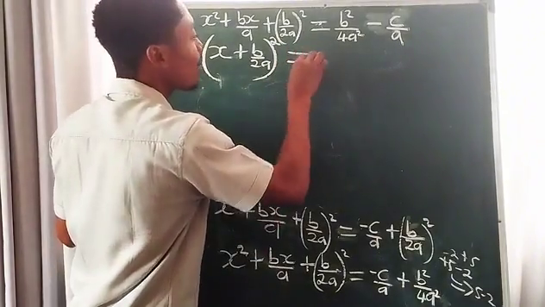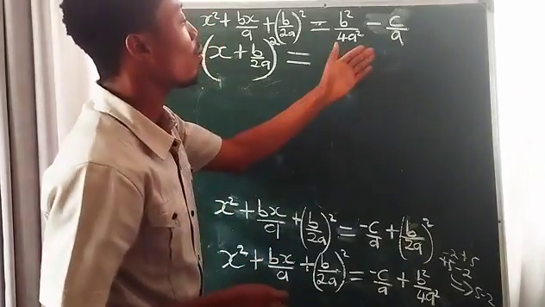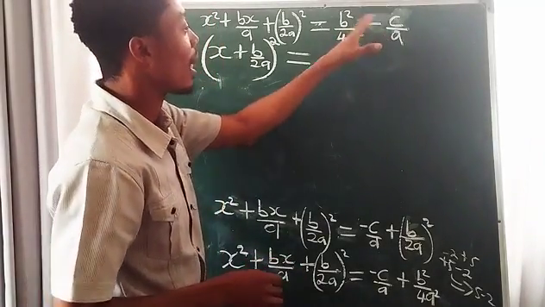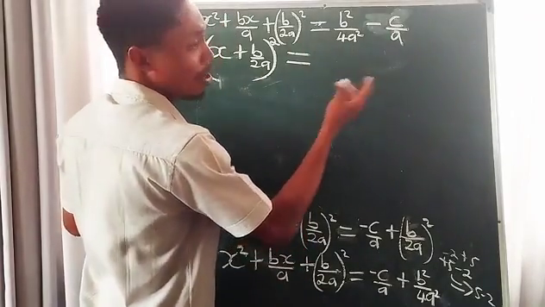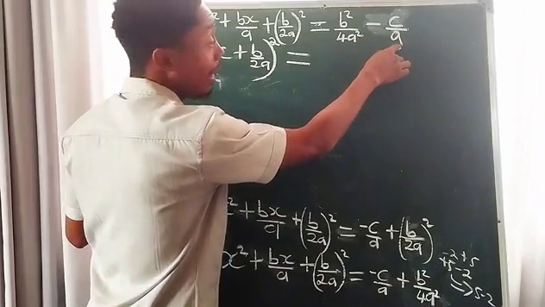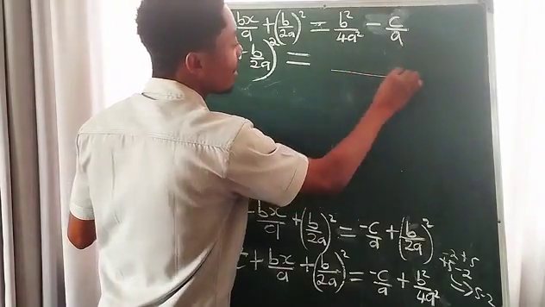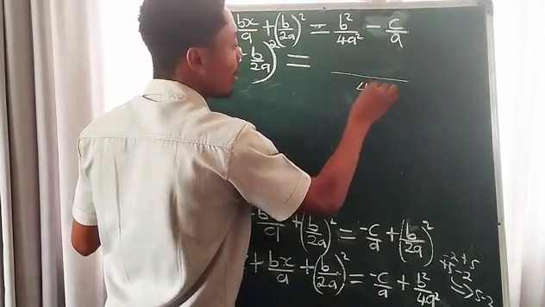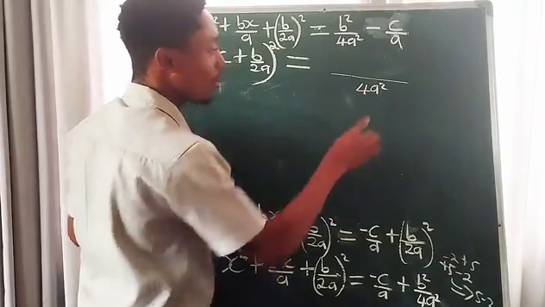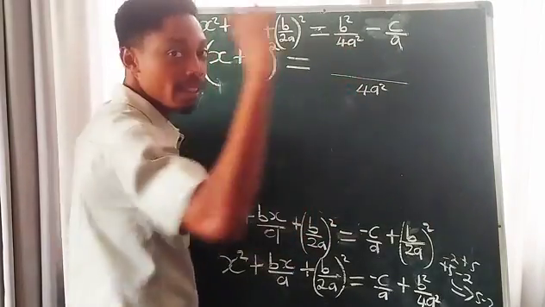And in the right hand side, what we're going to do is add and simplify this. So how are we going to do that? Algebraically, the denominators are 4a squared and a. So what is the LCM of 4a squared and a? The LCM of 4a squared and a is simply 4a squared. So the next thing to do is 4a squared divided by 4a squared is 1.